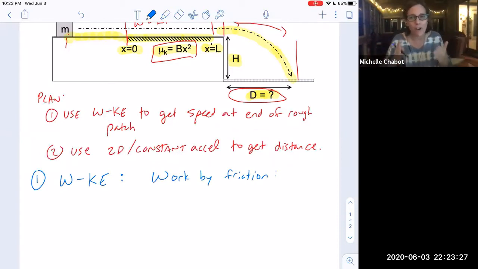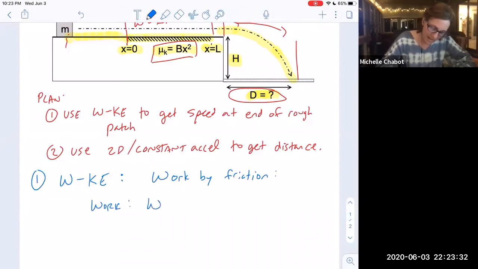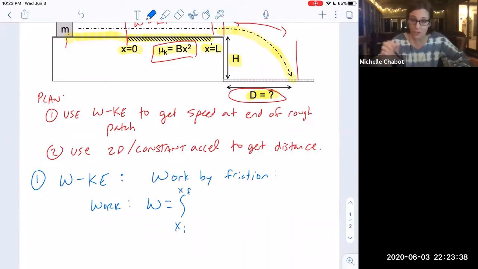But if you have a non-constant force, the work in general, as you've learned in this module, is from x initial to x final, for a one-dimensional force like friction, of F sub x dx.